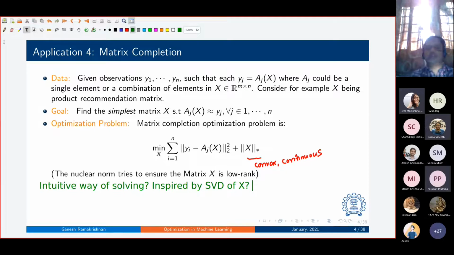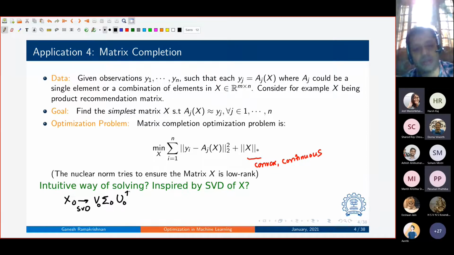Okay, so if there are no suggestions, the basic idea is something like an iterative principal component, I mean, iterative singular value projection or thresholding. So what you would do is you would start with some x, let's say x naught. Any iterative method will start with an x naught. Then you do its SVD: u0 sigma 0 v0 transpose.